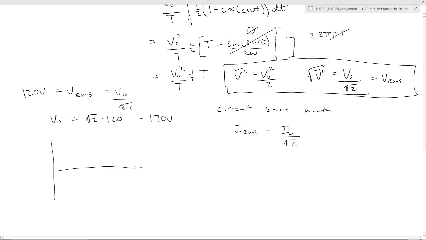Let me just draw a cartoon too to show you this. So there's different ways that people specify AC voltages. VRMS is probably the most common way. So the thing that I want to just point out is that V naught would be the maximum value. VRMS is less.